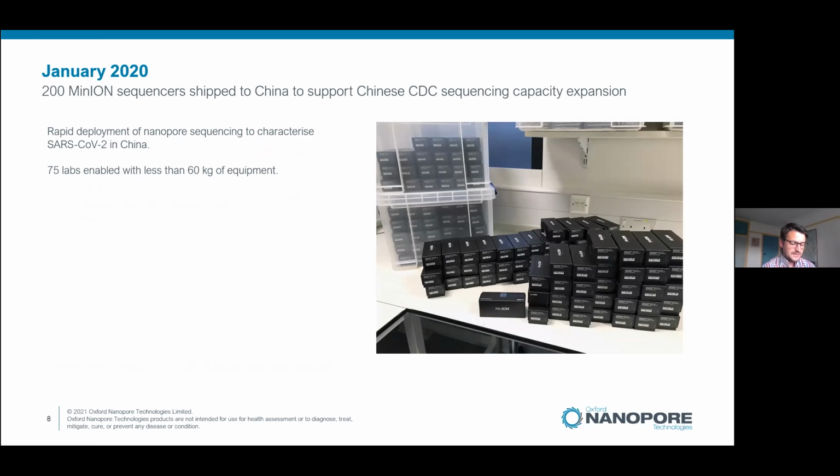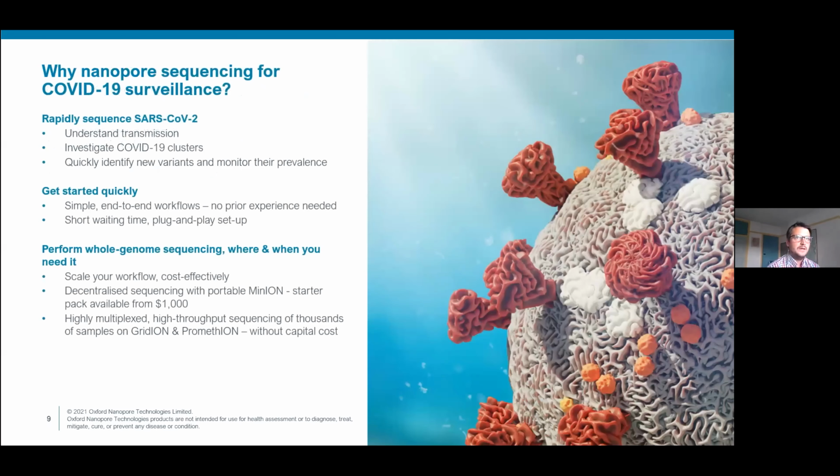So this is a real example of rapid deployment of nanopore sequencing to characterize the SARS-CoV-2 outbreak in China. And of that, there were 60 kilos worth of equipment, and there were 75 labs that were then able to form a network to monitor this outbreak. So the next question is, well, why use Nanopore for doing this?